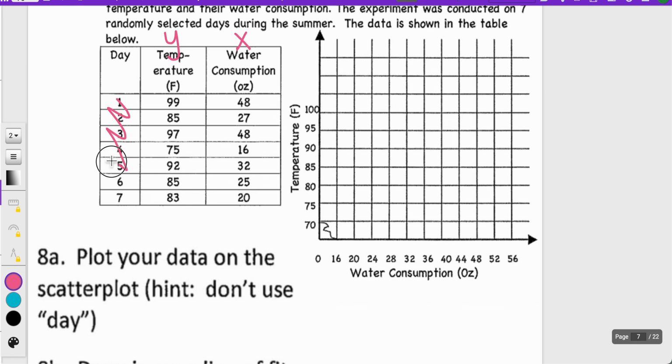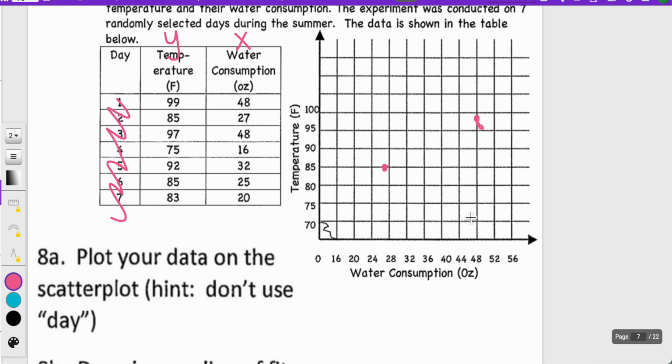We're not using the number of days. Water consumption, 48 ounces, 99 degrees. That sounds about right. It's kind of warm. 27 and 85, 48 and 97 degrees. So again, another kind of cluster right here.